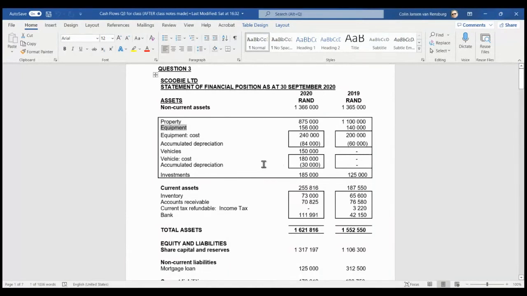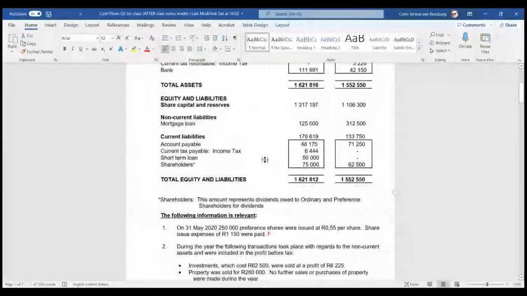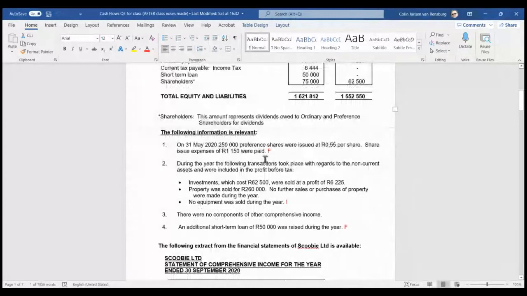But before we go and reconstruct those accounts, let's see what they've told us under the additional information when it comes to equipment. They say no equipment was sold during the year. So that helps.